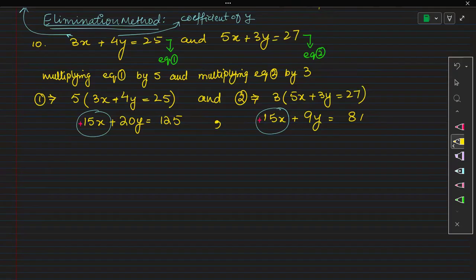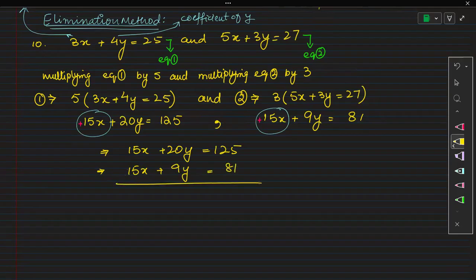So if I want to eliminate x, I have to subtract these equations. I have 15x plus 20y equals 125, and 15x plus 9y equals 81.